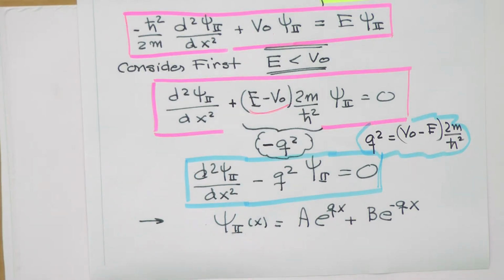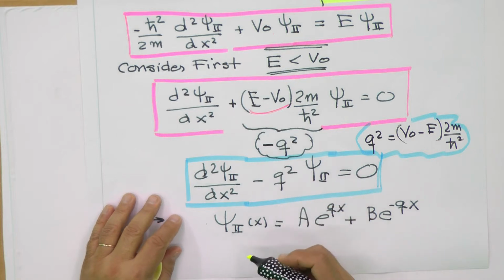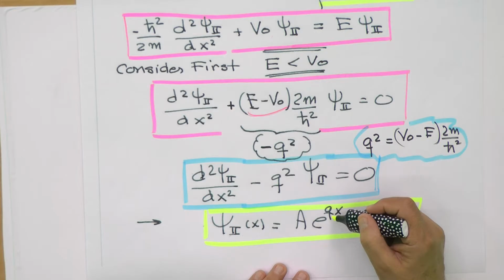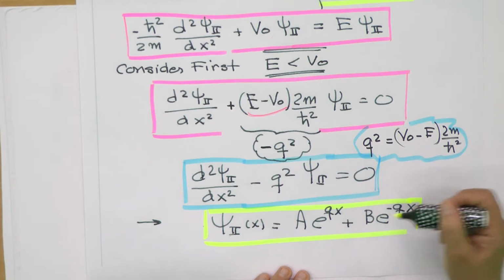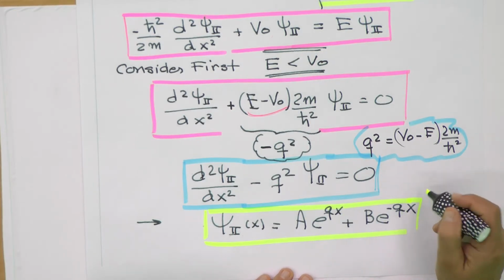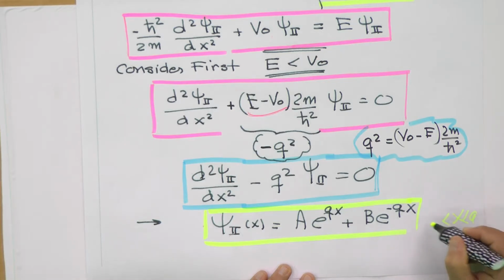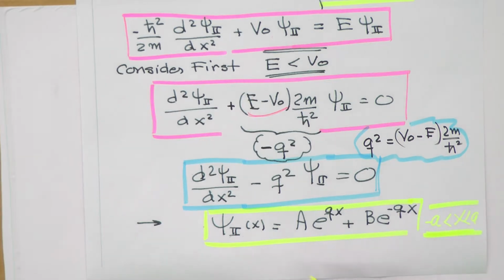Therefore, the solution for this equation is a composition, it can be a positive exponential or a negative exponential. But since this is valid only for x between minus a and a, we cannot say that there is divergence or anything, so we cannot throw away any of those coefficients. I call them a and b again, I like a and b, right?